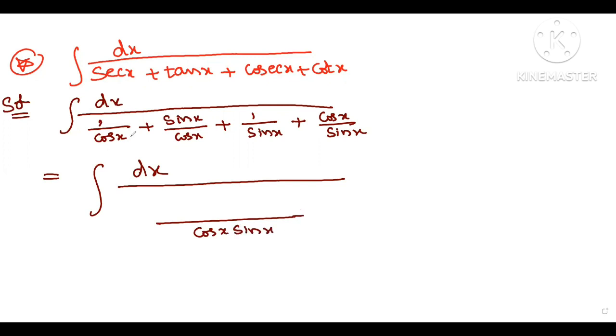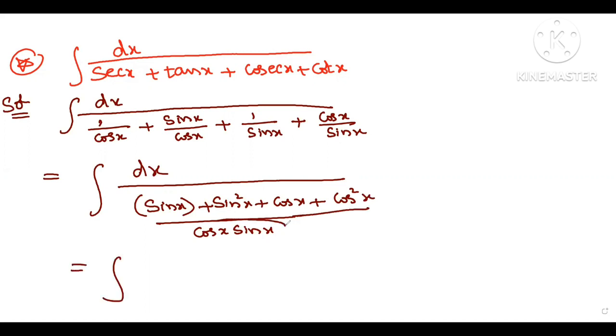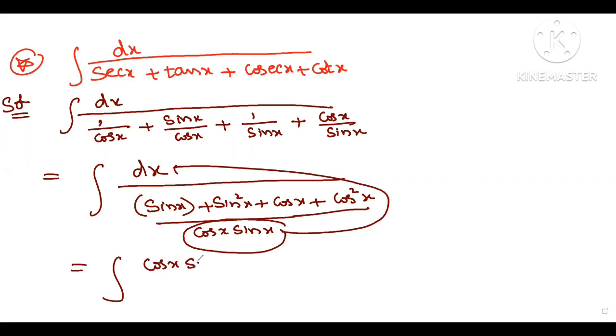After taking the LCM, what do we get here? Here sin x into sin x, this is sin square x. This is cos x, here cos square x. So after that, the integral, this denominator multiplied with dx, what do we get here? cos x sin x dx by, because we have sin square x plus cos square x is 1, plus cos x plus sin x.